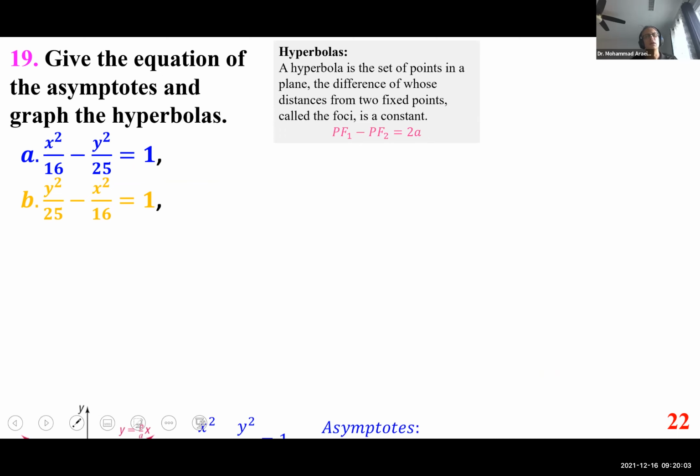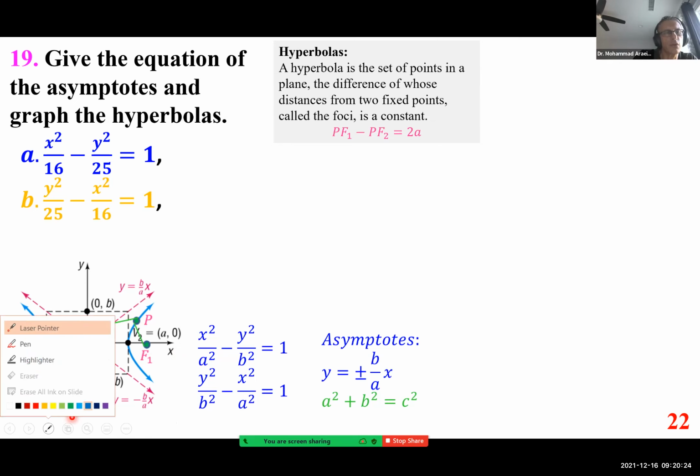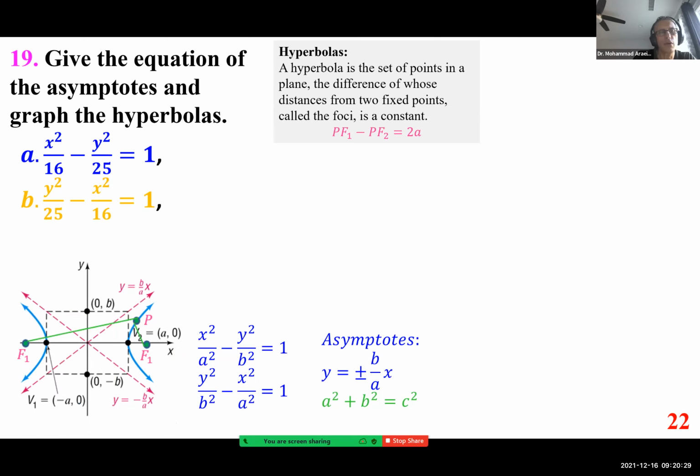Perfect. So when we look at the hyperbolas, they also have a definition, just as we defined other conic sections, a circle as well as an ellipse. So now if you pick a point such as P and connect it to the foci, focus 1, focus 2, let's say this is F2.